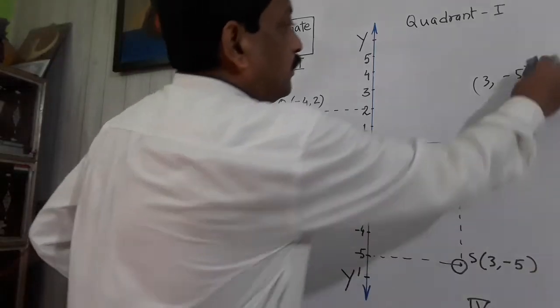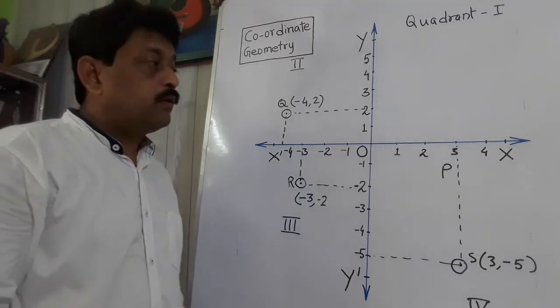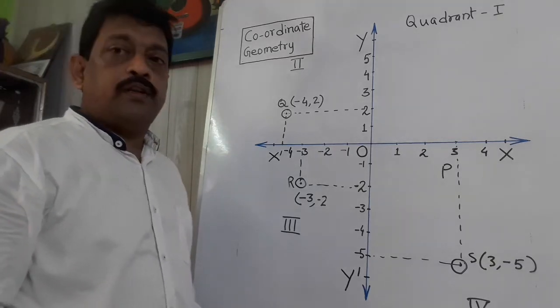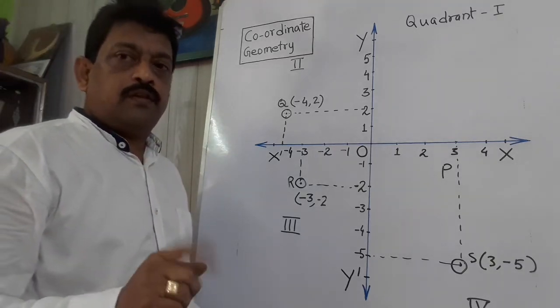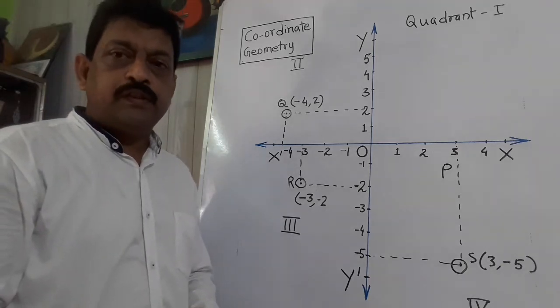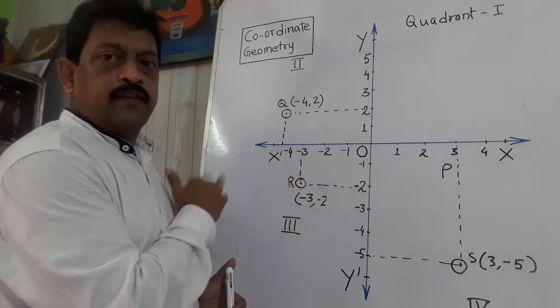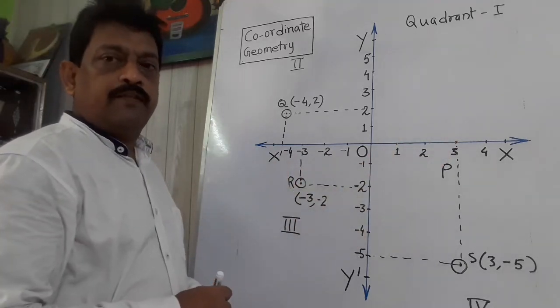Therefore, if any point is given to us to locate on the graph paper, we have to check the sign first. If the value of x is positive, then we have to move towards the right, and if the value of x is negative, then we have to move towards the left.